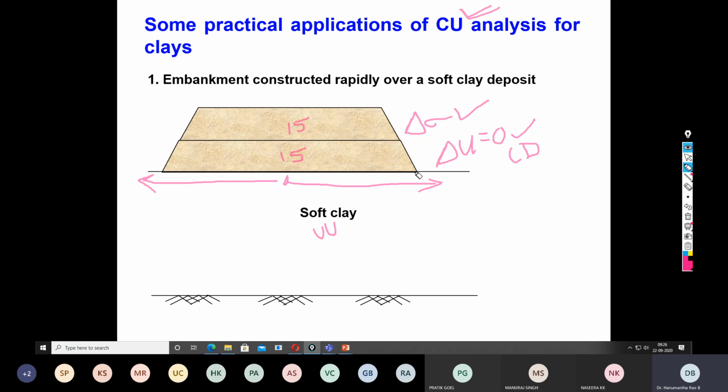Okay. Now once all the water is dissipated, when delta U becomes 0, then the condition that develops is called consolidated drained. So no more consolidation and no more drain.